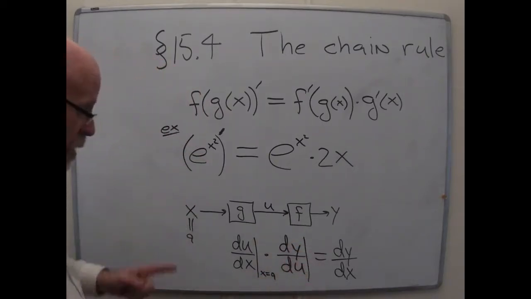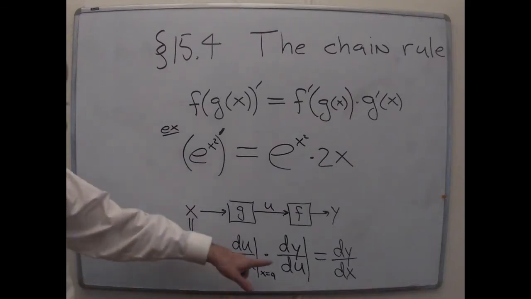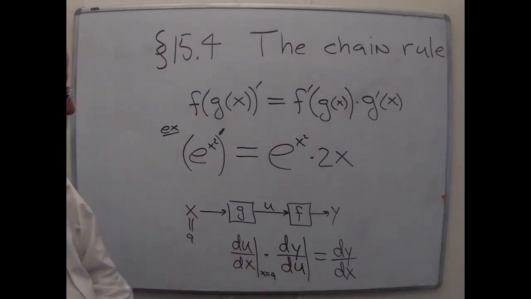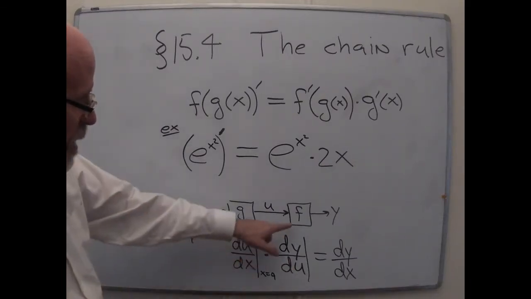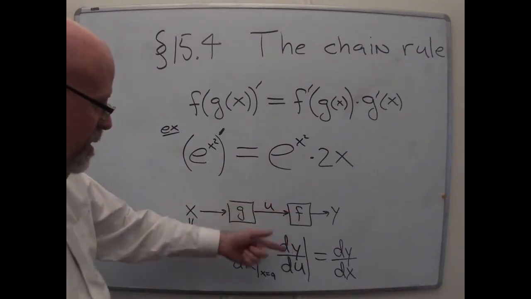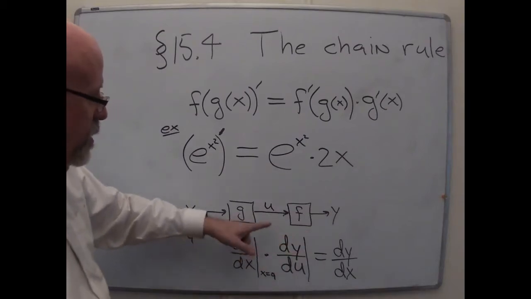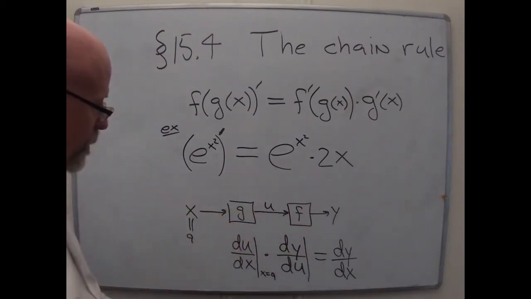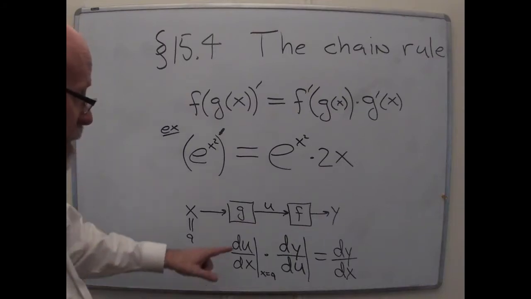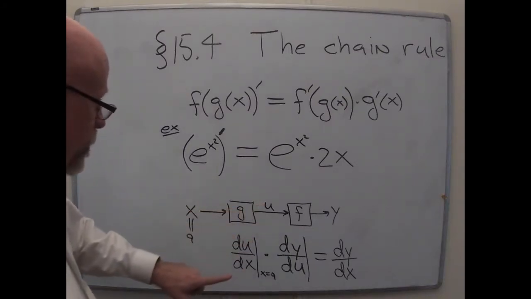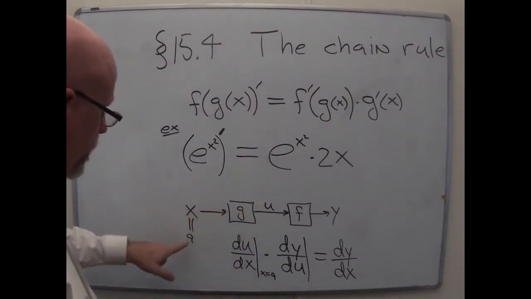But if we want that to correspond to this guy, where should this guy be evaluated? This is a derivative that tells us how the output y changes as we change u a little bit. But if we expect these to happen at the same place, this has to happen at u equals g of a.